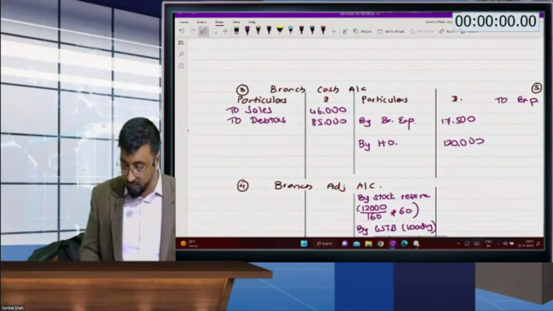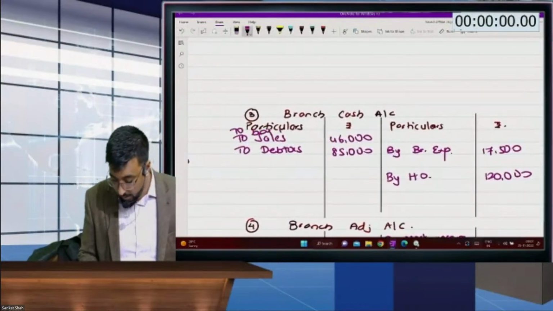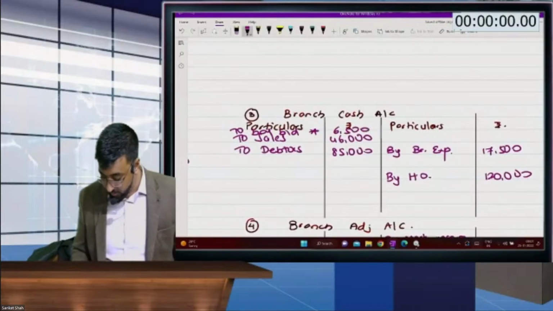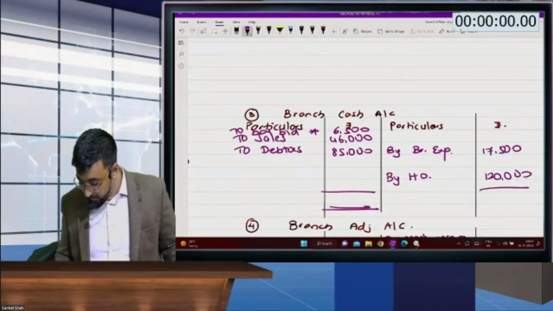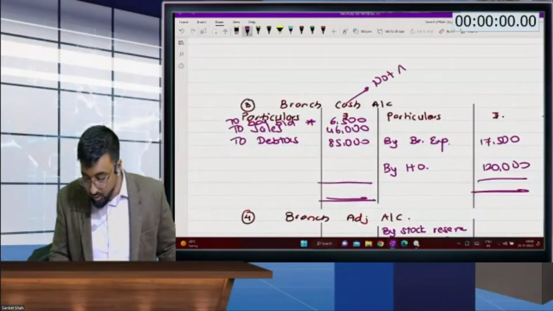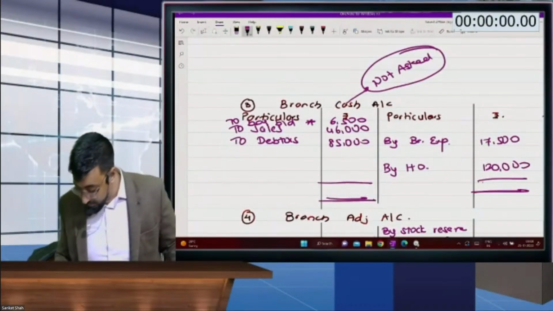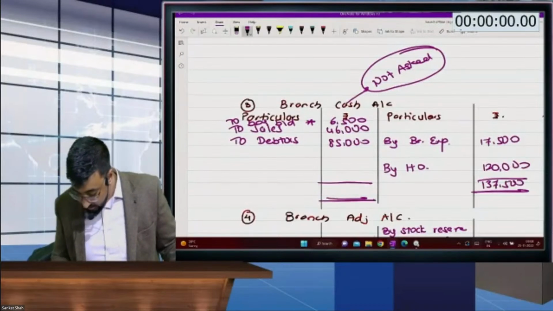So 6,500 might be to balance brought down. I will close this at 6,500 because we do not have the amount now. Balancing figure. This is not asked. It is only for your cross tally purpose. Total 1,37,500.